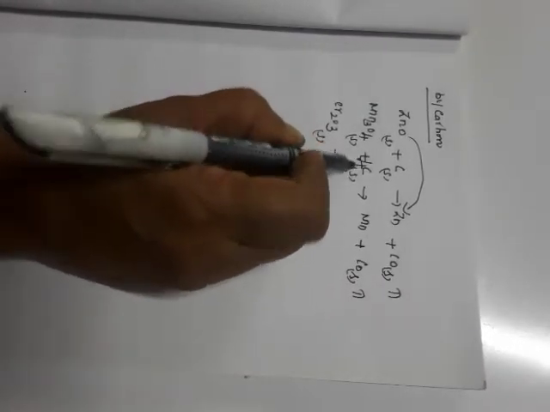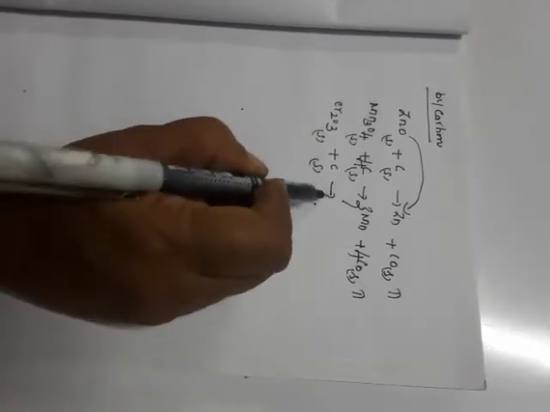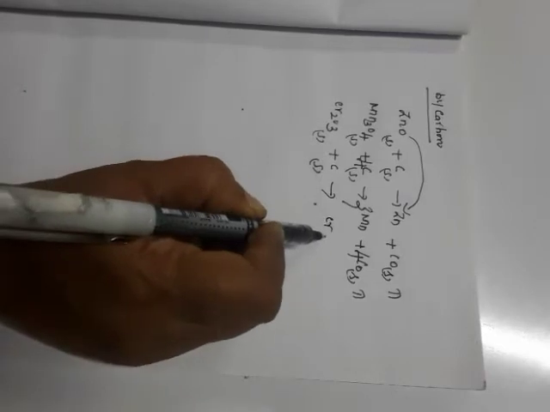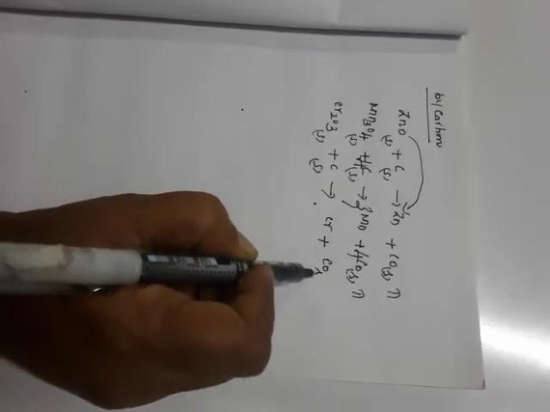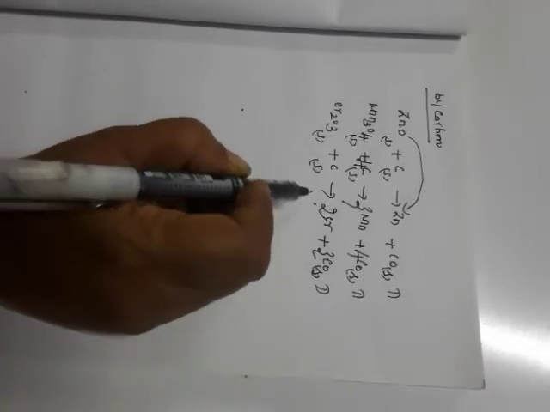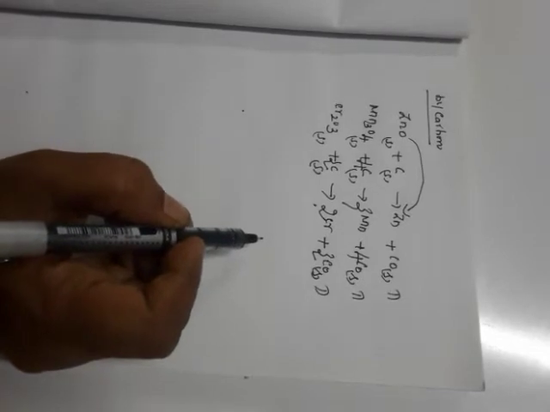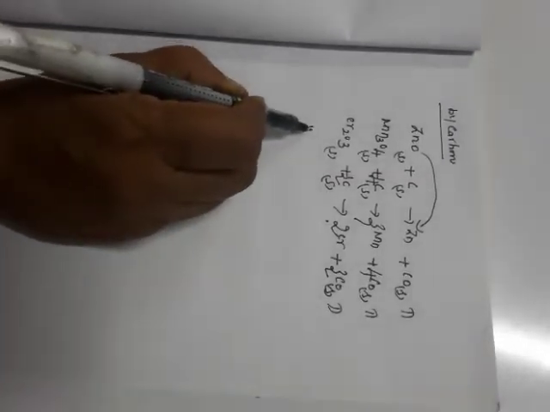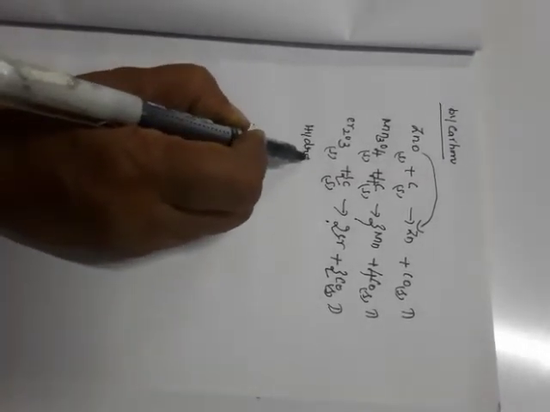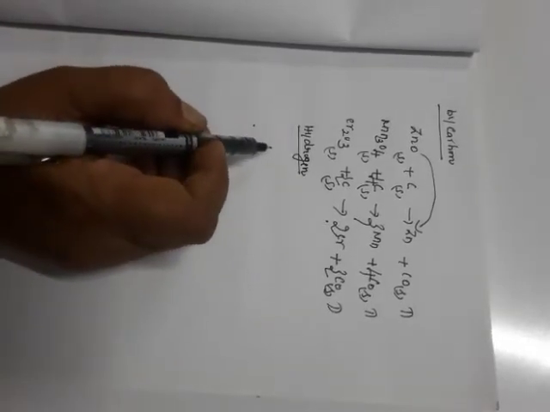Balancing here: 4 C, 3 Mn, 4 CO. Similarly, from chromic oxide we get chromium and carbon monoxide gas is expelled out. That is reduction by carbon. Now, if hydrogen is used as a reducing agent, how is the metal oxide reduced?